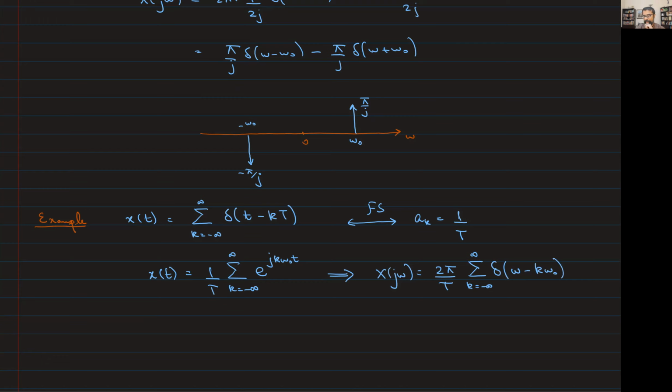Okay? And this is just a simple application of the things that we've done up above, right? And I could slightly modify this as well and say, this is summation k going from minus infinity to plus infinity delta omega minus k times 2 pi upon T.